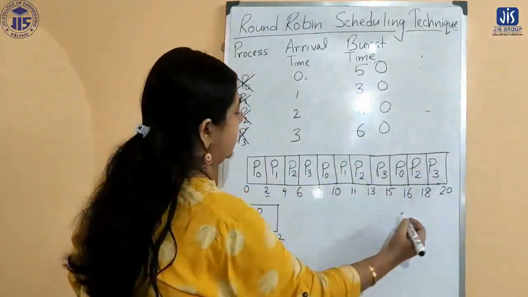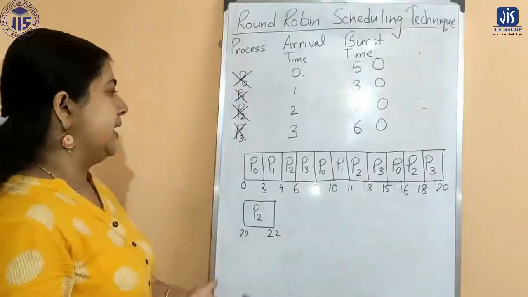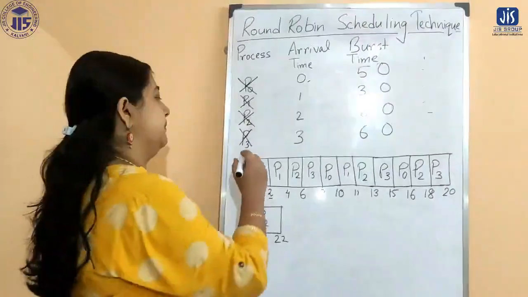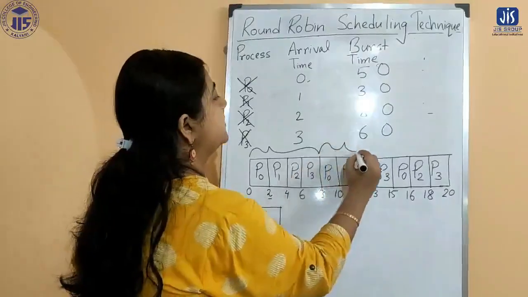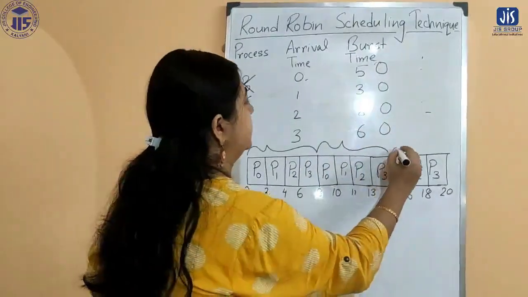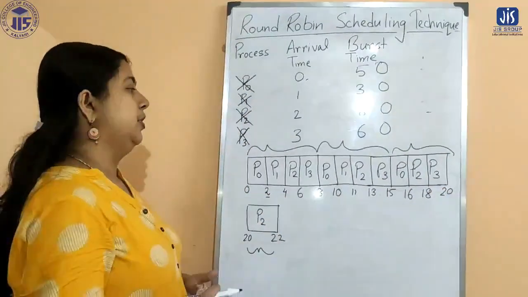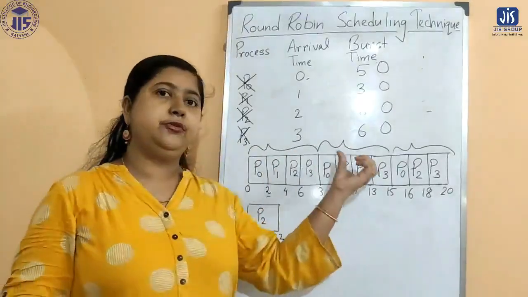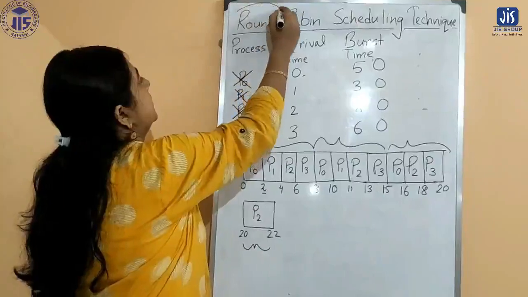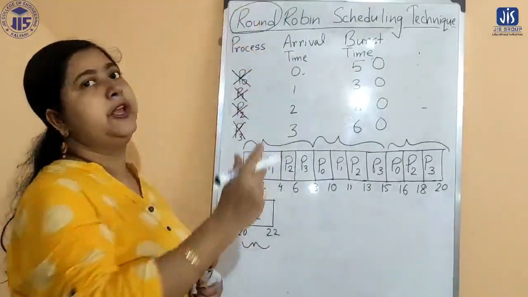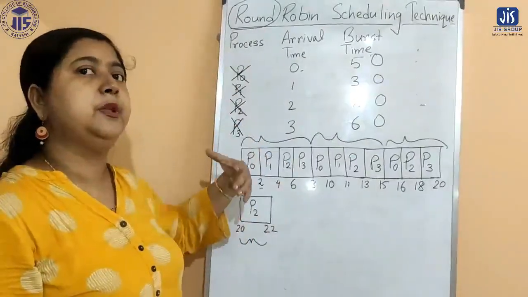So this is the Gantt chart with the round robin scheduling technique, and you can see here this is my first round, this is my second round, this is the third round and this is the fourth round. Because the execution is done in rounds, the word round comes in the name of this scheduling technique. The total thing is done in multiple rounds.